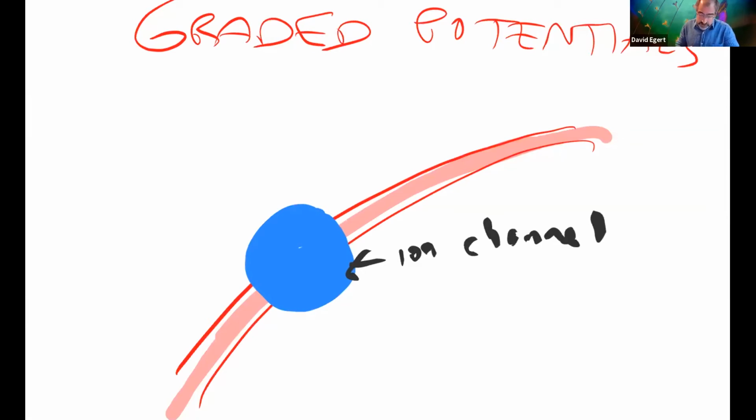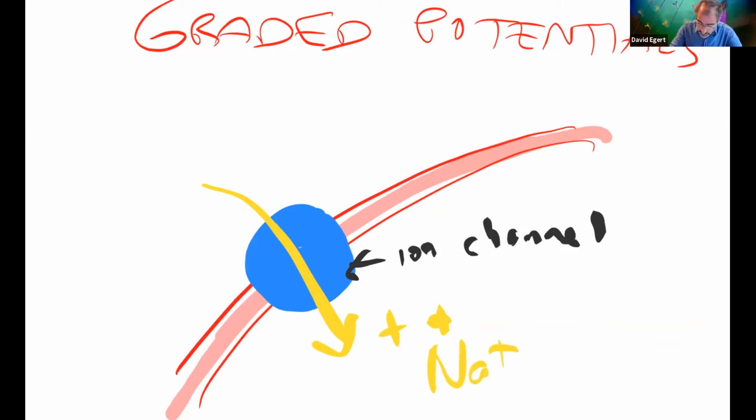Graded potentials usually happen because on some little part of the membrane, you're opening up an ion channel. So let's say I have sodiums coming in. Then my voltage, VM, is going to go up. I'm going to have what we call depolarization.